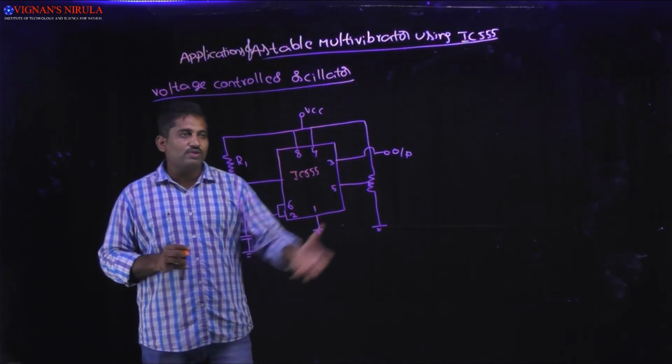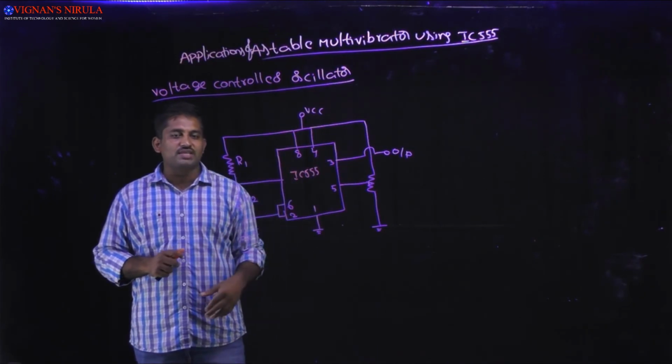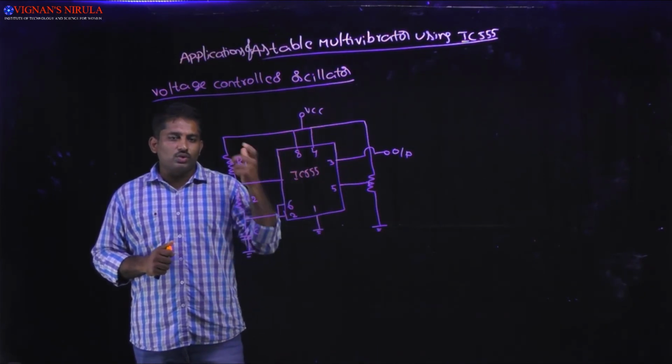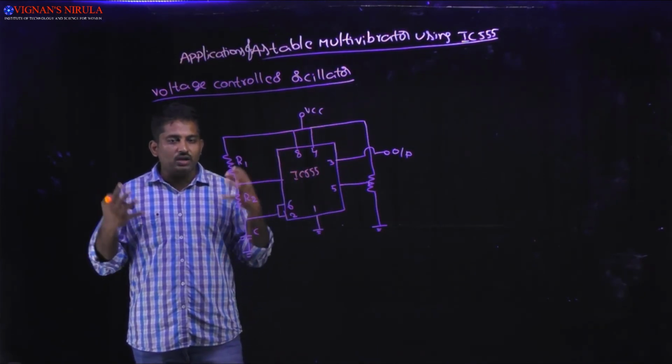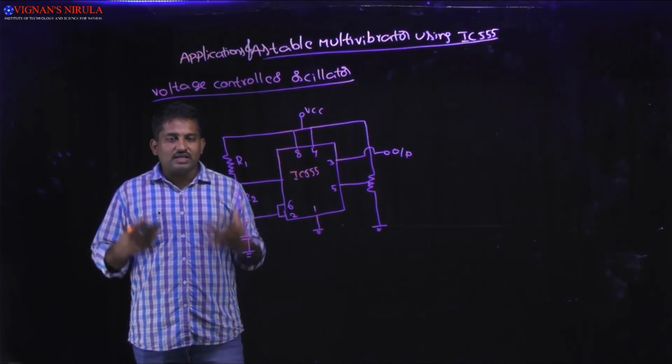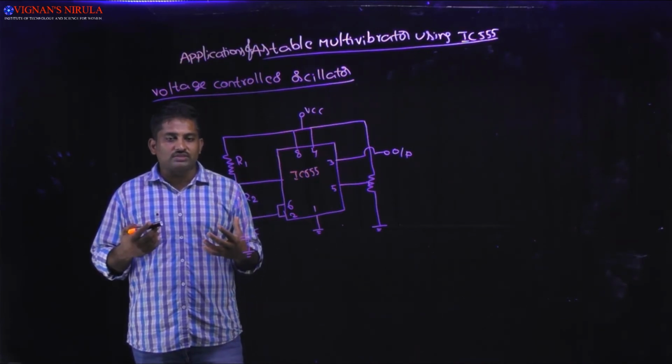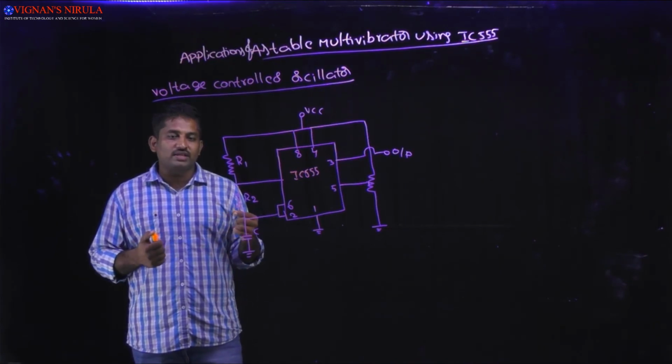So we will use this circuit as a voltage controlled oscillator, and we all know that the internal control voltage of the astable multivibrator is fixed to 2/3 VCC.